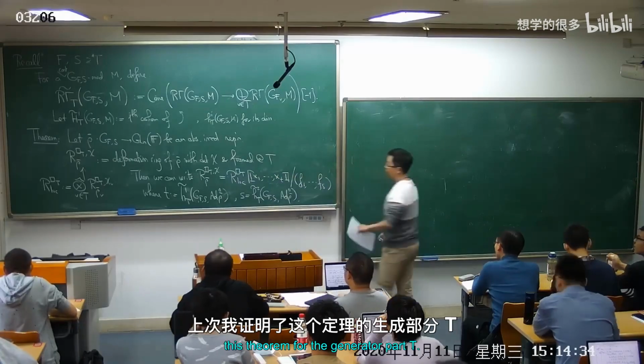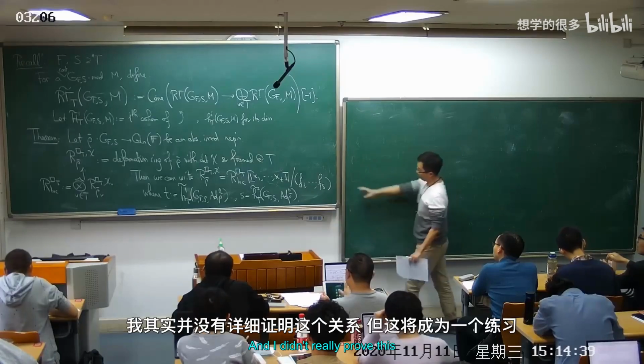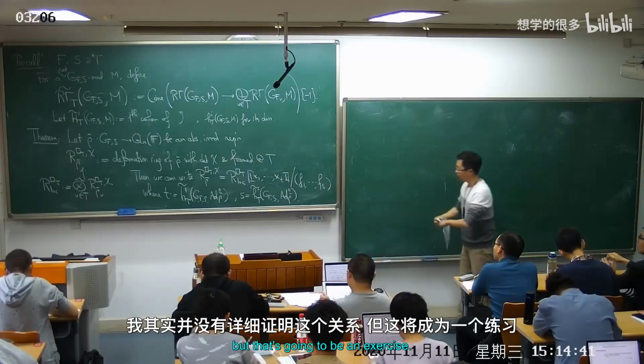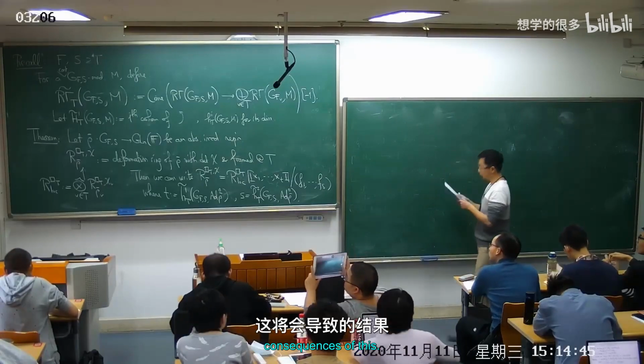Last time I proved this theorem for the generator part, and I didn't really prove it for the relations, but that's going to be an exercise. Today we're going to draw some consequences of this.